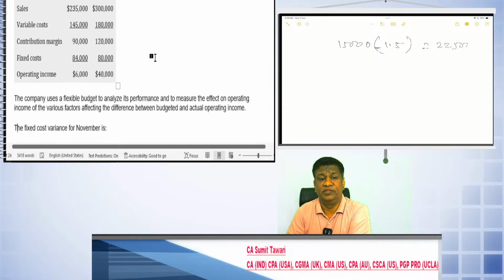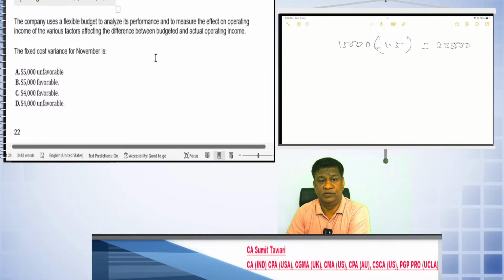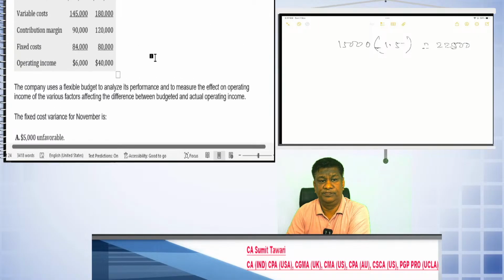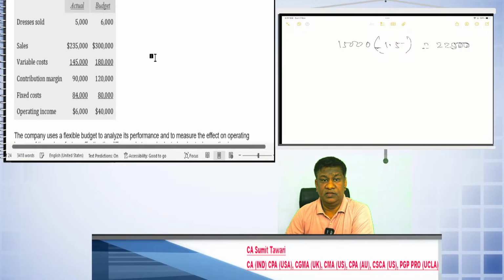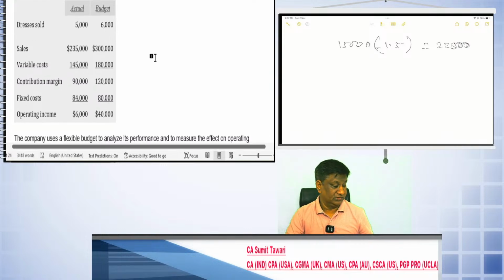Question number 21. Fixed cost variances. Fixed cost variances means spending variances.